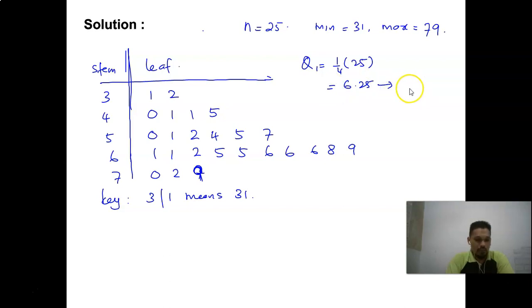Then we round up to the 7th observation, which is equal to 50. 5 and 0 means 50.